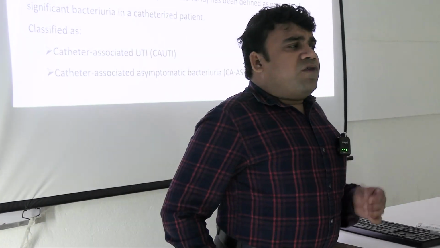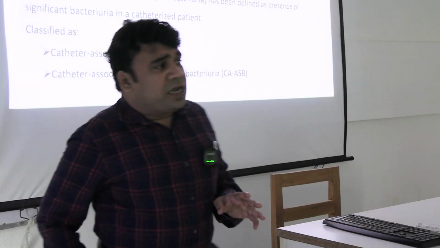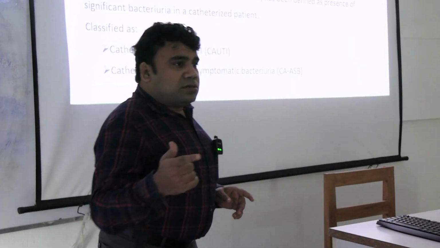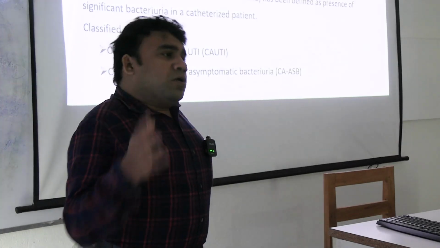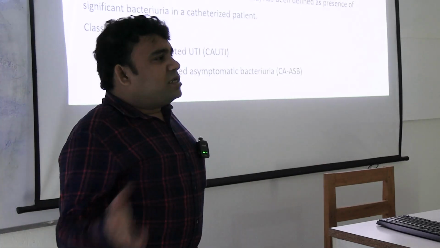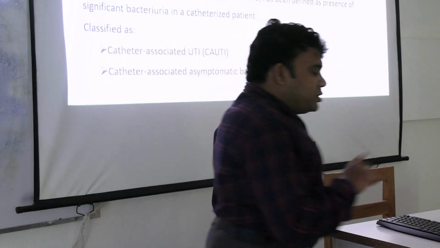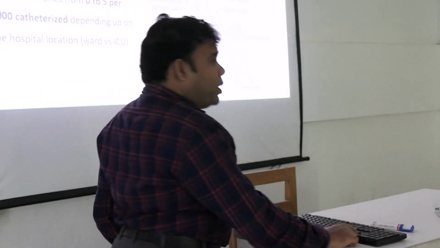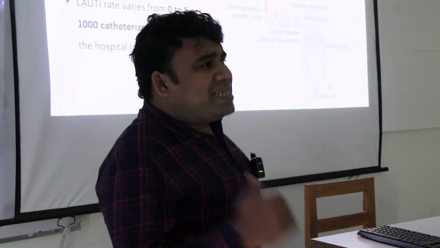Otherwise, we will only advise removal of the catheter itself. But if the patient is symptomatic, that means the infection has already started. Now you have to give antimicrobial therapy. Obviously, you have to remove the existing catheter, that is elementary, but you have to give antimicrobial therapy. So, for the sake of treatment, it can be divided into two parts. One is catheter-associated UTI, another is catheter-associated asymptomatic bacteriuria.